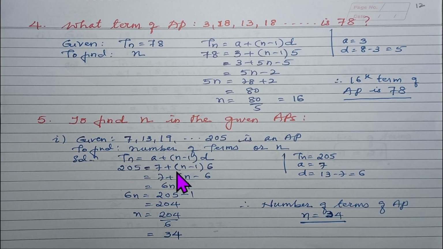So 205 is equal to 7 plus n minus 1 into 6, 7 plus 6n minus 6, 6n plus 1. So 6n is equal to 205 minus 1, 204, n is equal to 204 by 6, and that is 34. Therefore the number of terms of the given AP, starting from 7 and up to 205 with a common difference of 6, is 34, therefore n is 34.